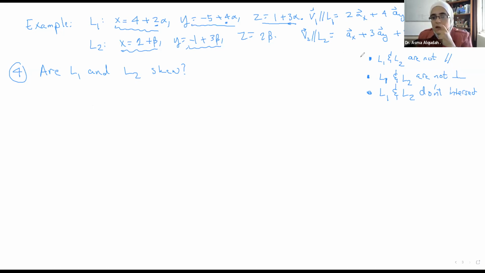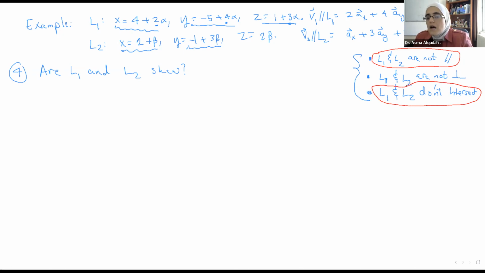Let's look at the results we have just found. We found that the two lines are not parallel and the two lines do not intersect. So these are the conditions we want in order to prove that the two lines are skew. These two conditions are required to decide that the two lines are skew.